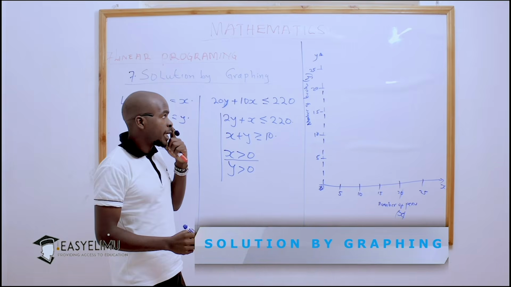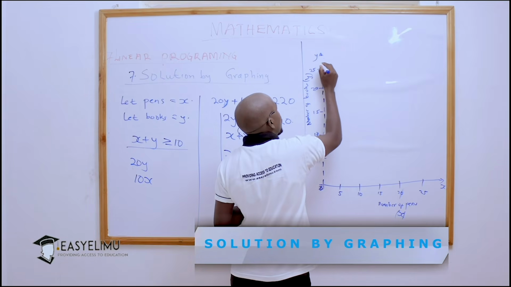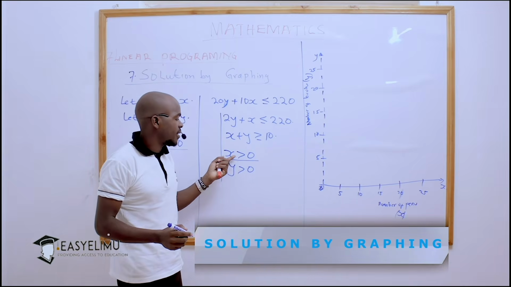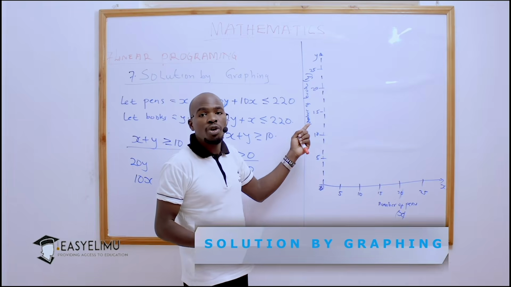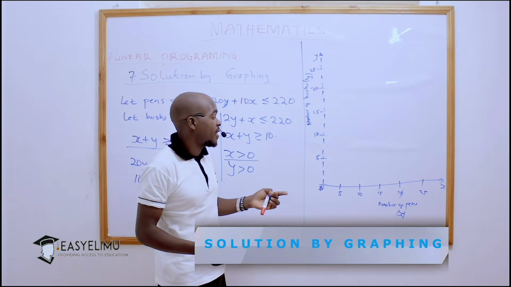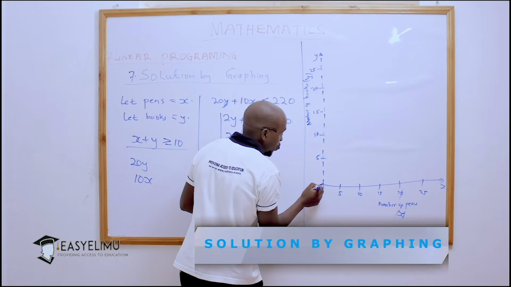The line changes to a dotted line simply because it is greater but not equal to. So the values which are found on this line are not considered because they are not within the range which we need.